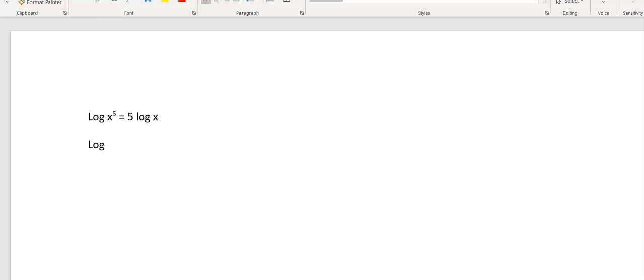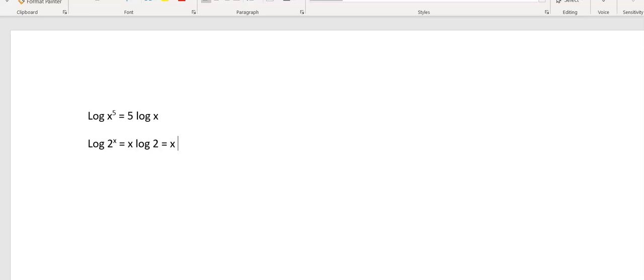Let's say I had 2 to the x, all right? And we're going to see things like that a lot. Well, according to this property, we are allowed to just bring that exponent out to the front. If I can get rid of the exponent, there we go. X log of 2. Now in this particular instance, because there's a number behind our log, we can actually find a decimal.